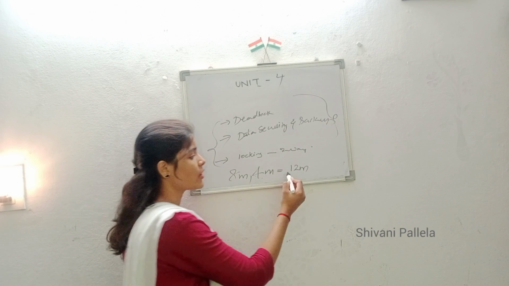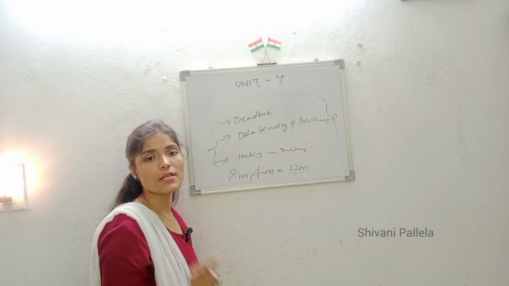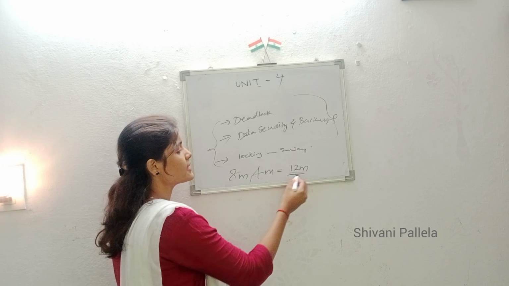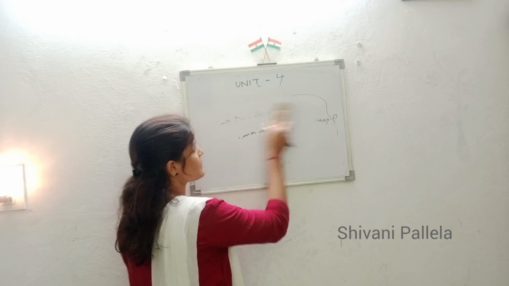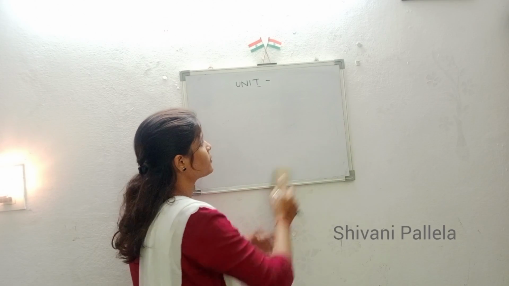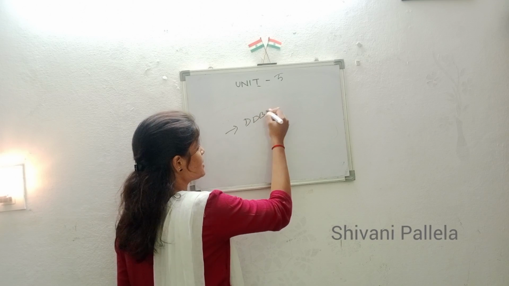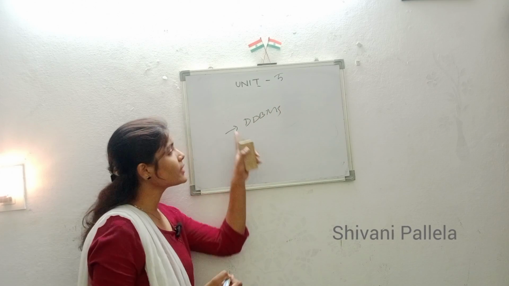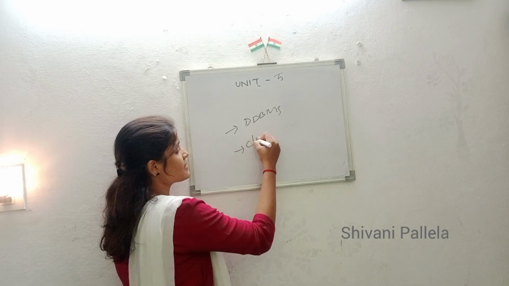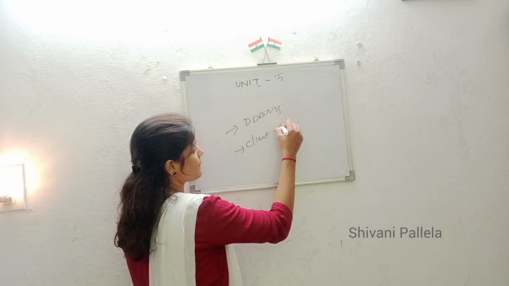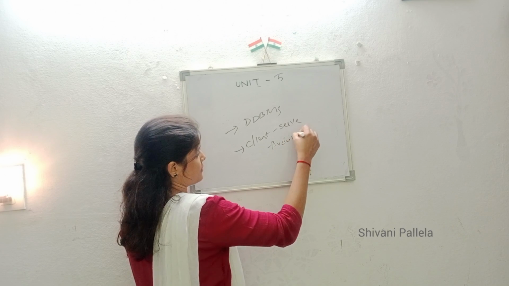Okay, here already 42 marks are gone. First unit 10 marks, second unit 10 marks, third unit 10 marks, fourth unit carries 12 marks weightage if you learn these three concepts. Now we will discuss the fifth unit. In the fifth unit, you will have only two concepts, that is DDBMS, the Distributed Database Management System, and Client Server Architecture.